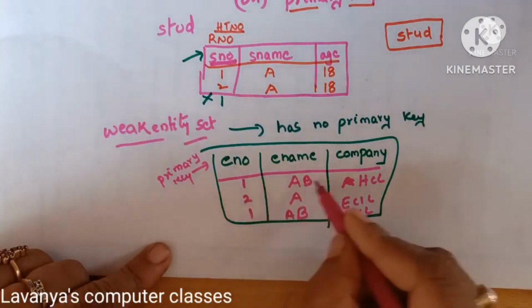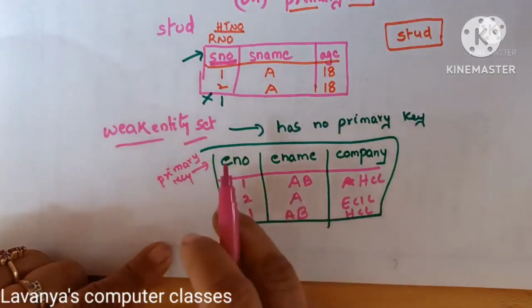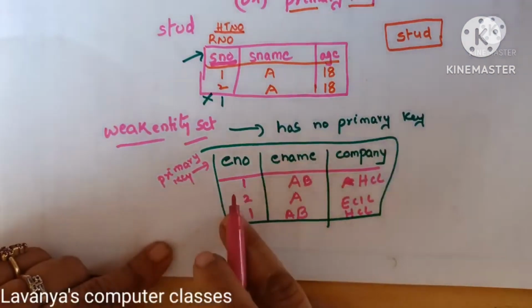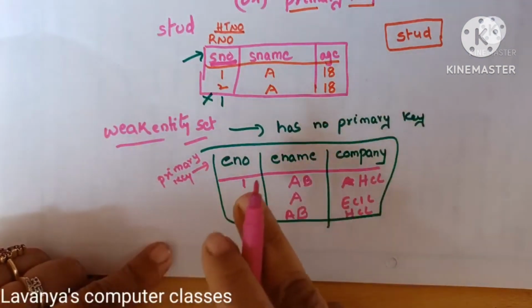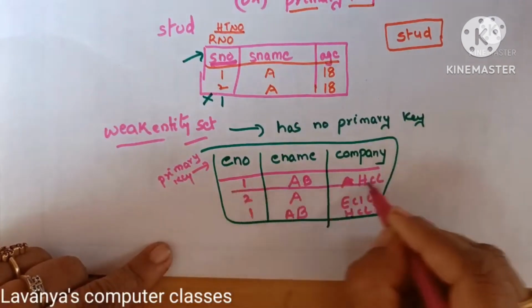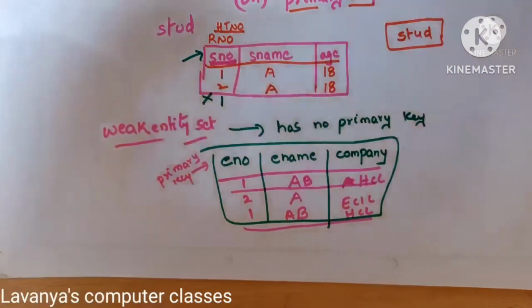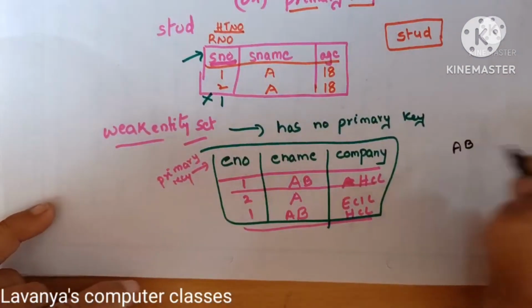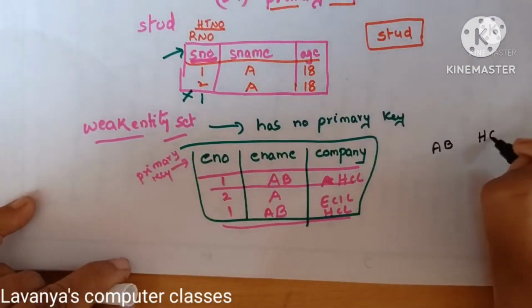So here 1 AB HCL and 1 AB HCL, because you have not specified the primary key. Any attribute has no primary key. When a primary key is not there, it accepts duplicate, repeated values. Here the first row and third row are both the same. There are two employees, both named AB, and both are working in HCL.